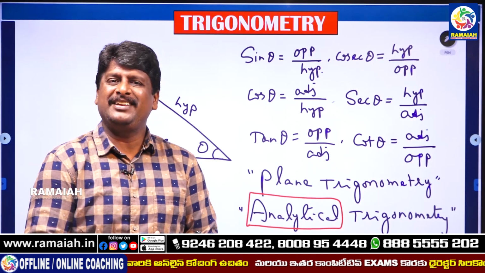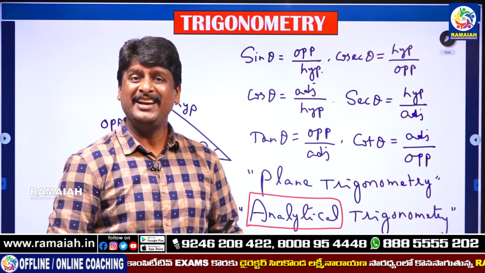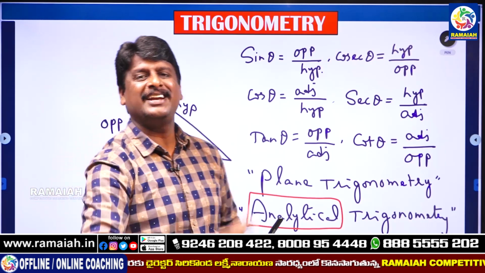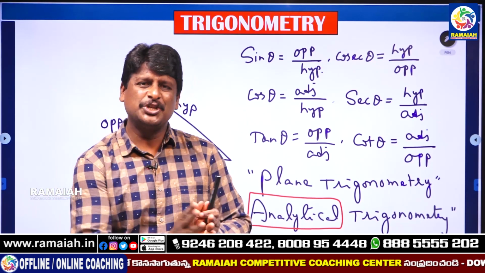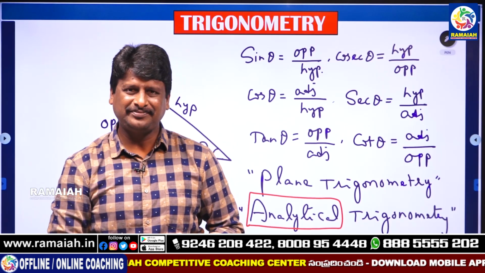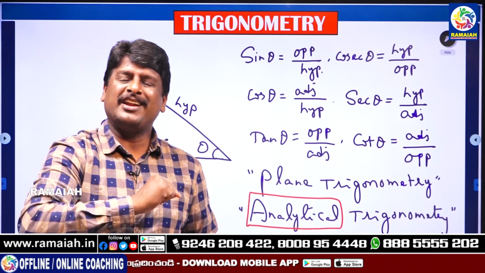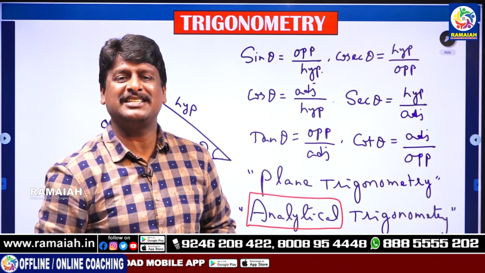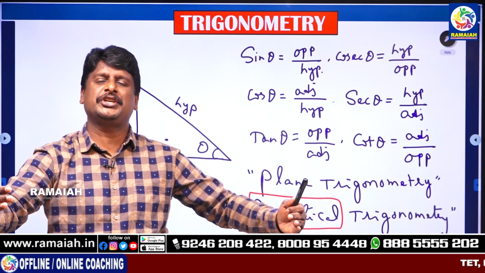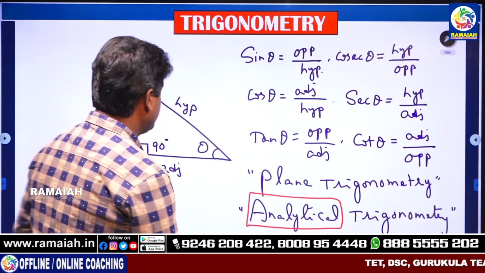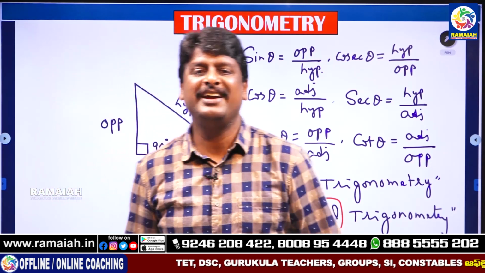What is meant by the Cartesian plane? The Cartesian coordinate system has two coordinate axes. Their point of intersection is the origin. The horizontal line is the x-axis, the vertical line is the y-axis. Every point in that system is of the form of an ordered pair x comma y.